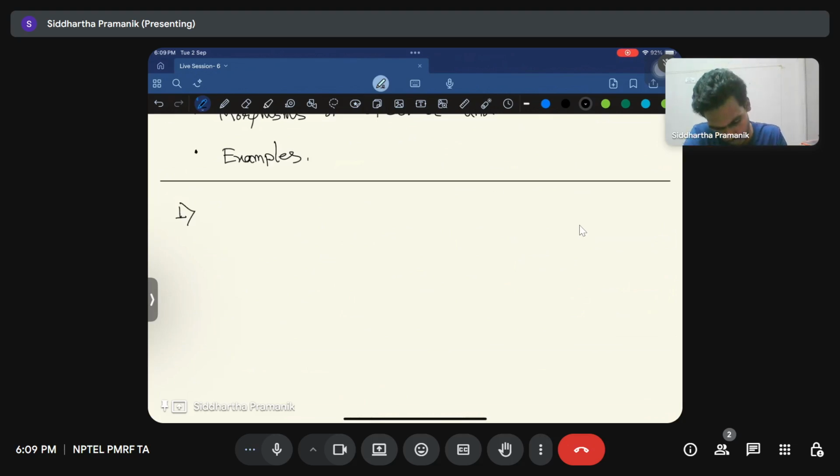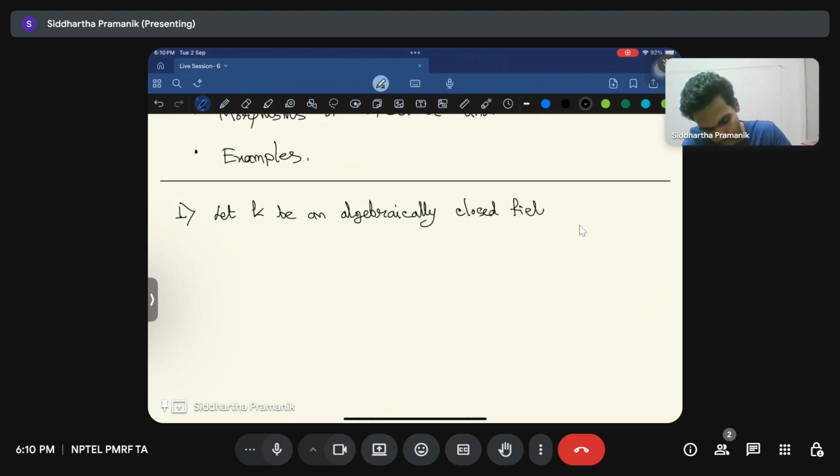So let K be an algebraically closed field. So you can take the complex numbers, for example. So K be an algebraically closed field.